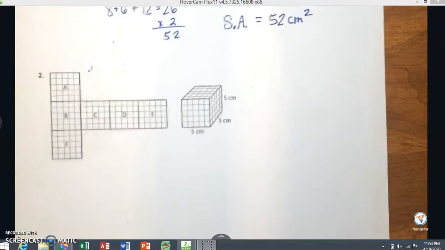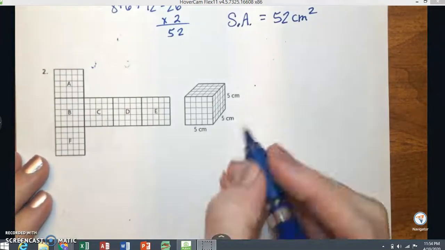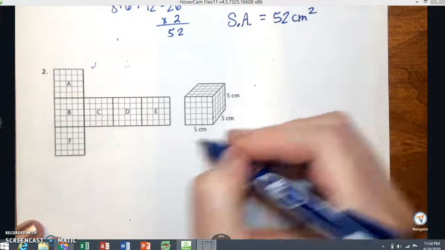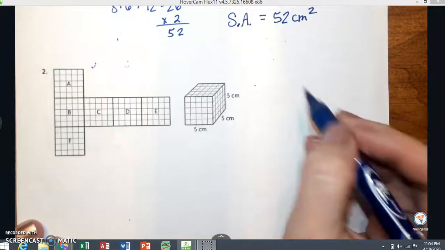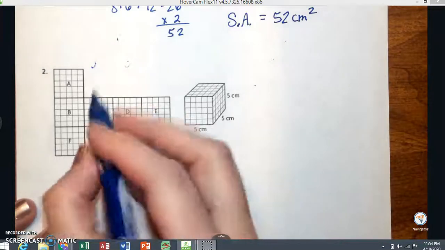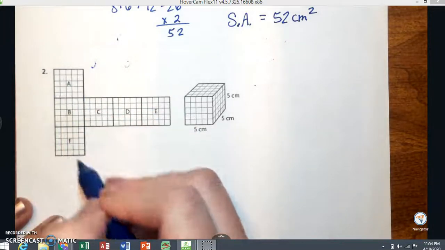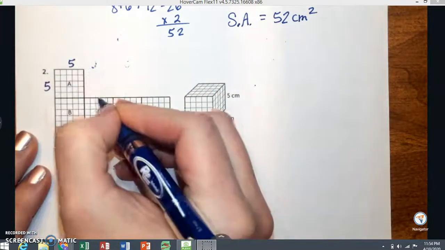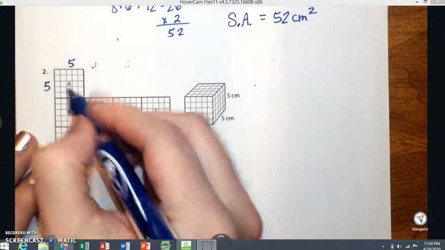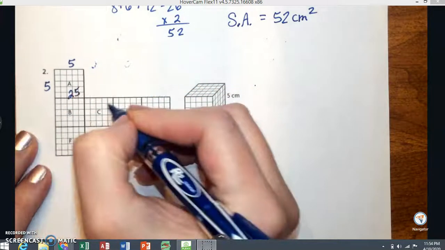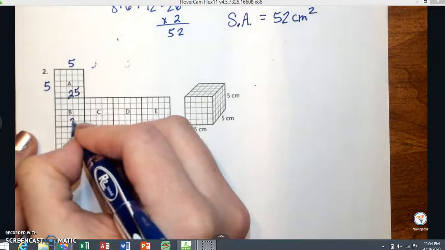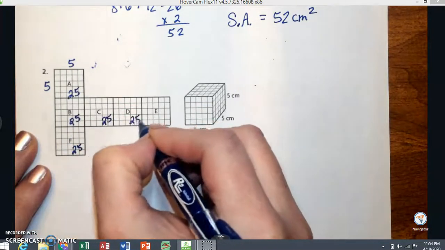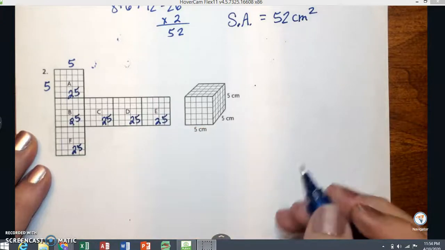Okay, number 2. Alright, so notice on this one, my length, my width, and my height are all 5. So 5 all the way across. So if I can find the area of one of these, the rest of them are going to be the same. So if this is 5 and this is 5, that means the area here is going to have to be 25, which means that this one's 25, this one's 25, all the way through F. A through F is 25.